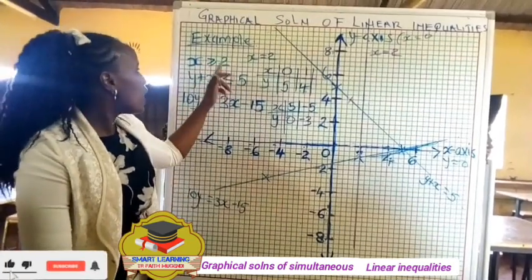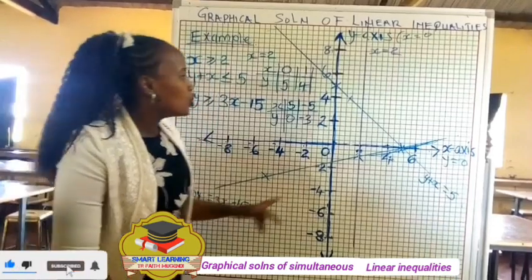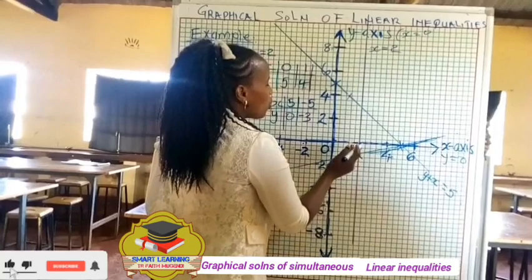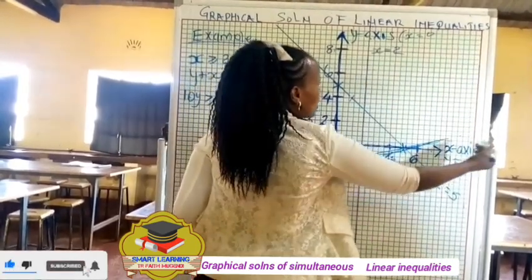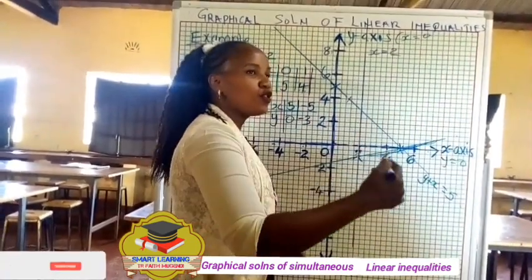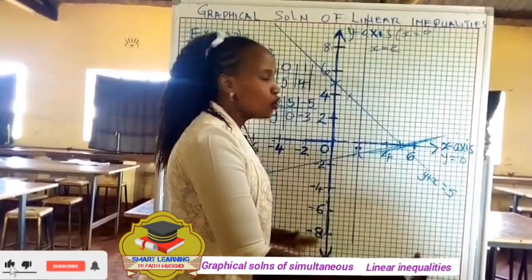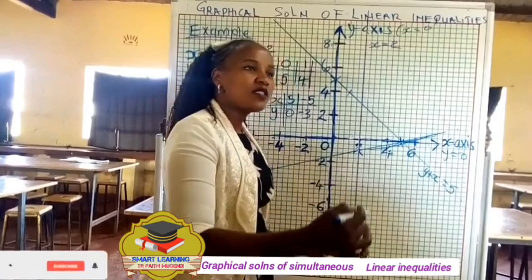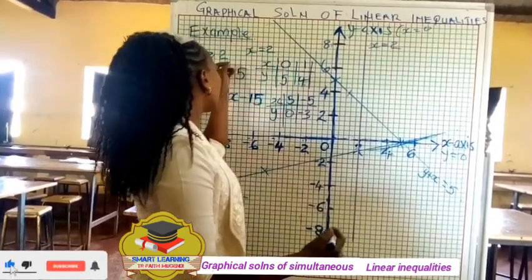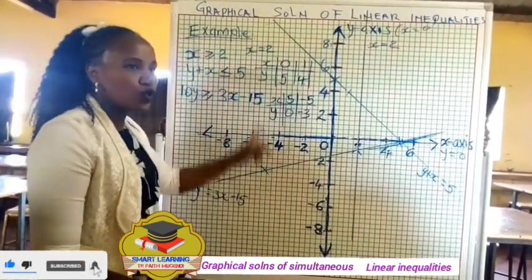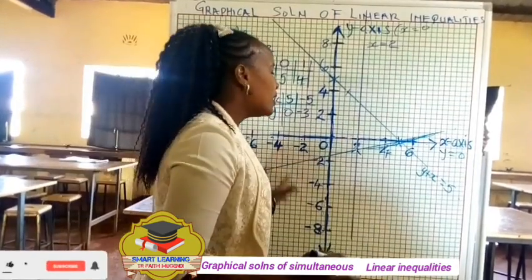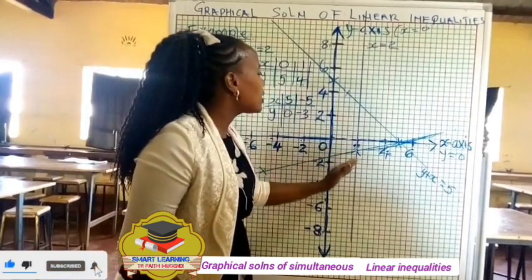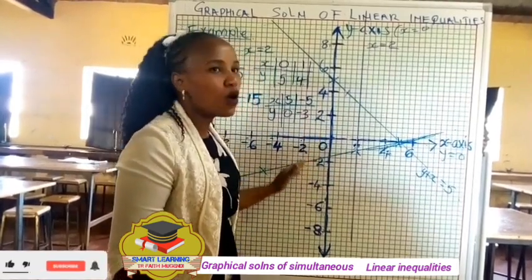X is greater or equal to. So this is the line X is greater or equal to. So when we take the values towards the right side, the values of X increase. So the right side of this line satisfies the inequality X is greater or equal to. But the left side only satisfies the inequality X is less or equal to.